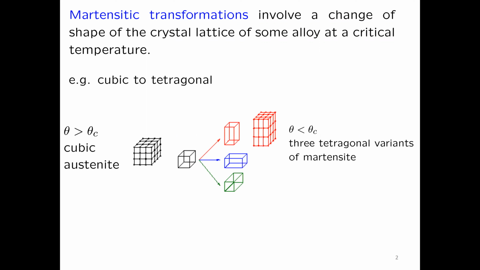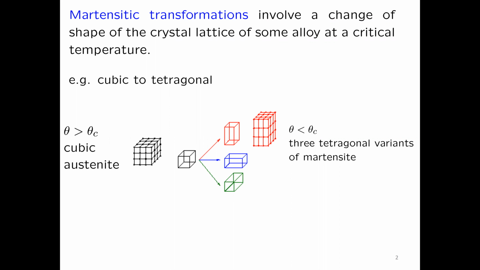For example, at a high temperature, you could be in the so-called austenite phase with a cubic lattice, so there might be, say, an atom at each corner of a cube and one in the middle.